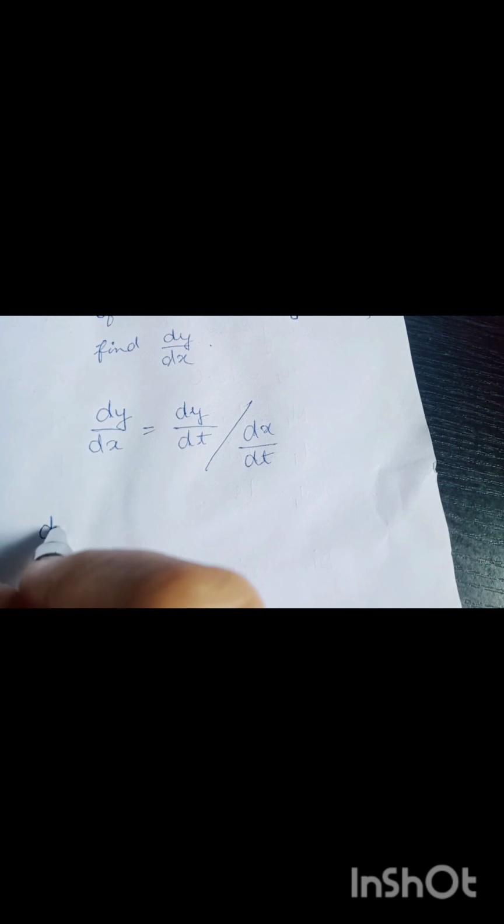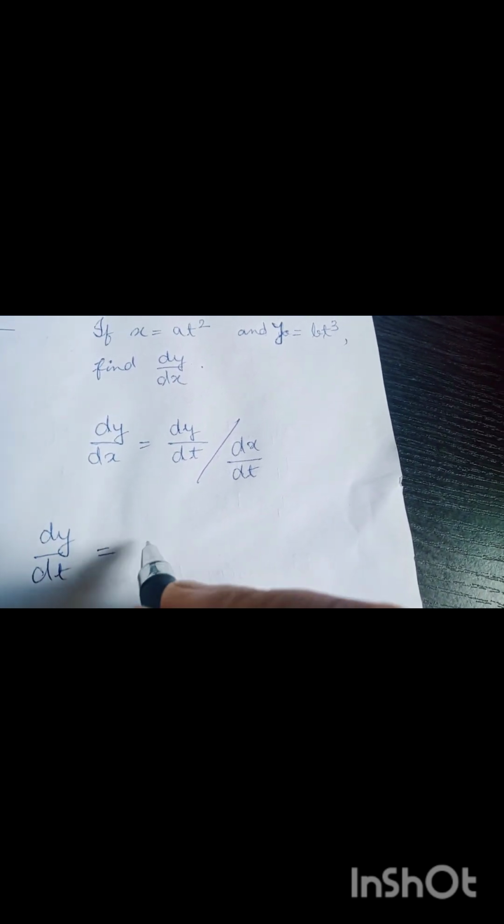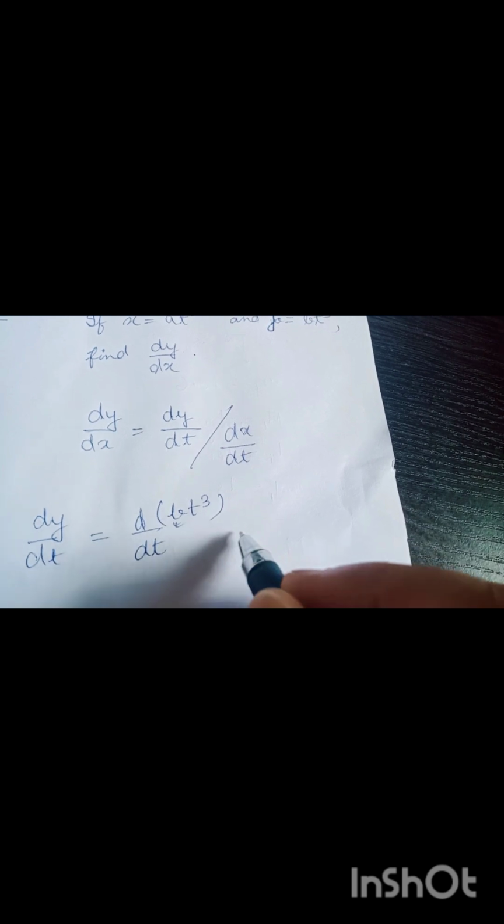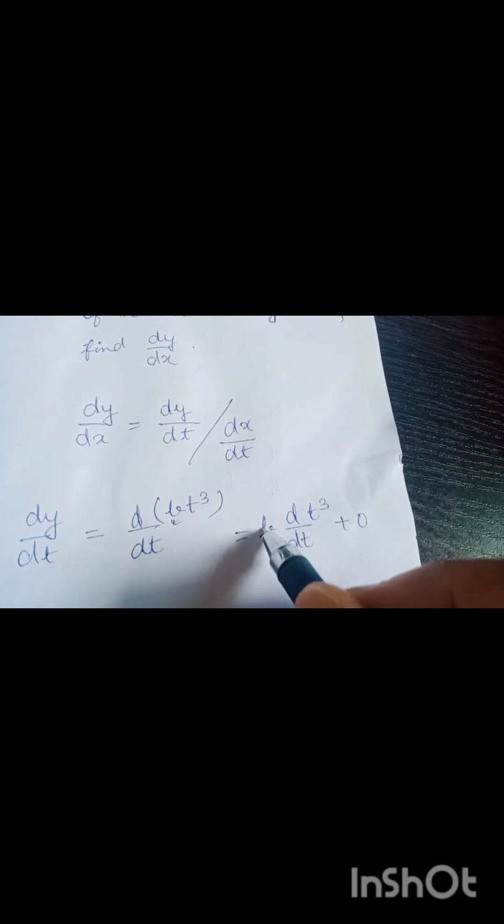So dy by dt, differentiation of y with respect to t, gives us differentiation of b t cube with respect to t, where b is a constant value, so b times differentiation of t cube. The second term will be 0 because differentiation of any constant number is equal to 0.